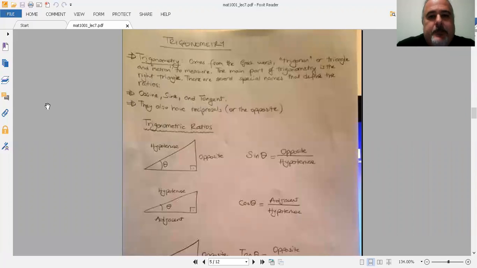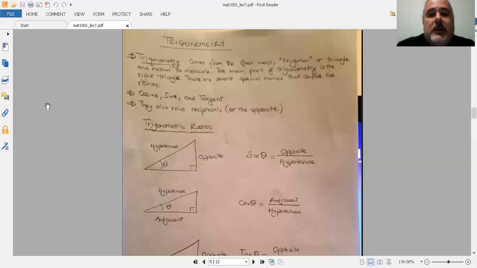So, what is trigonometry? It comes from the Greek words trigonon, which in English is triangle, and metron, which in English is measure. So the word in English is triangle measure. So this is related to measuring the triangle. Okay.